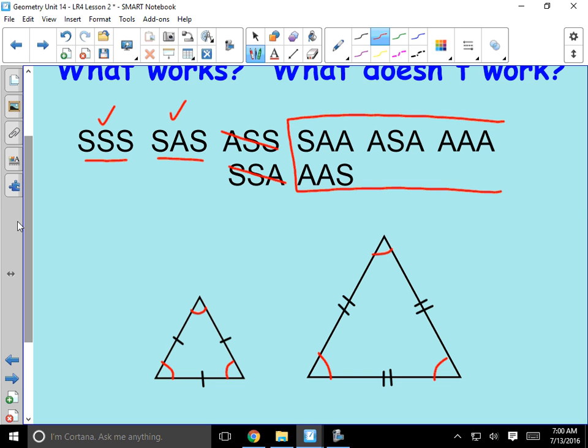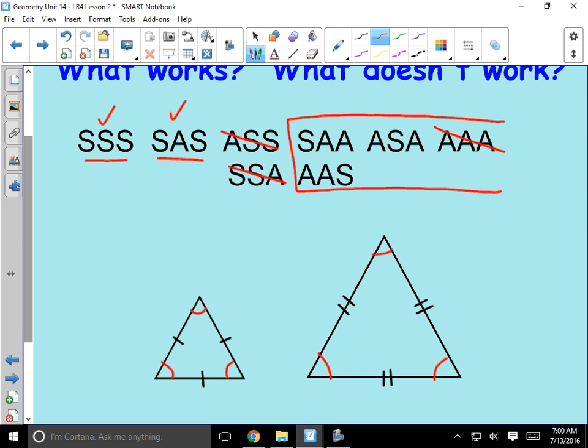So this is already going to help us get rid of one of our four remaining situations. And what we know based on this diagram alone, two equilateral triangles with different side lengths, is the fact that angle-angle-angle congruence does not work to prove that two triangles are congruent. We know that they're similar, so we can do proportional sides, but we do not know that they are basically the same triangle or congruent triangles.